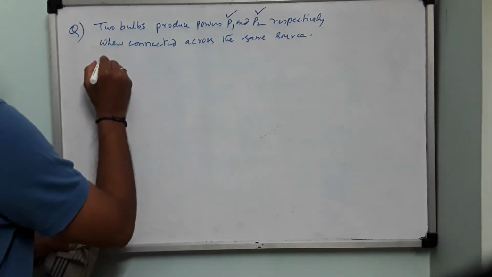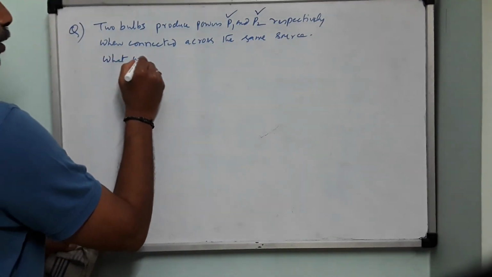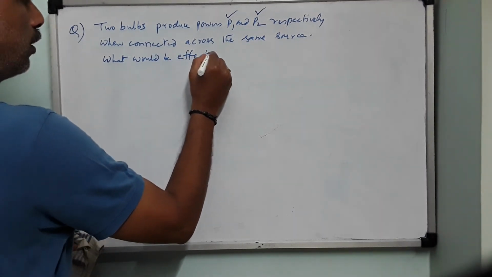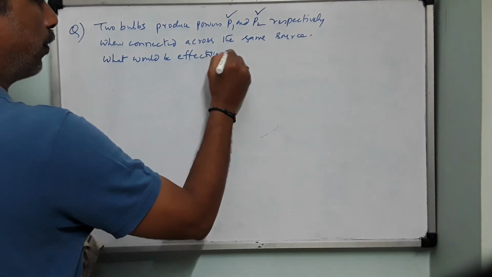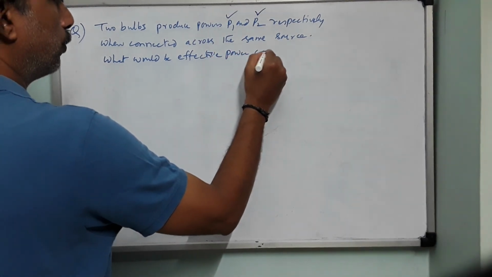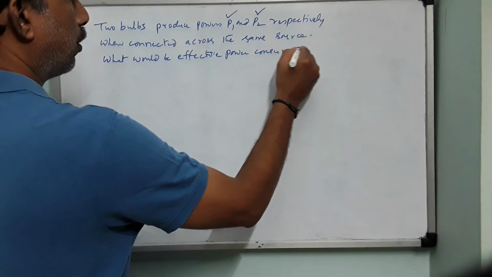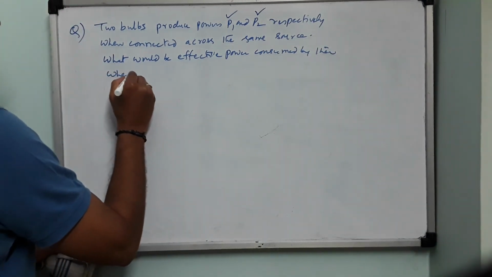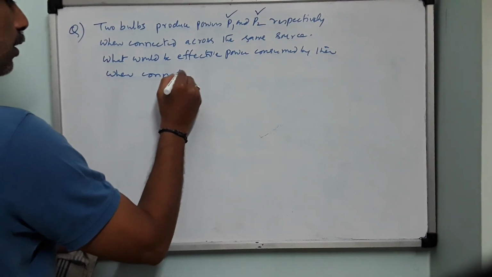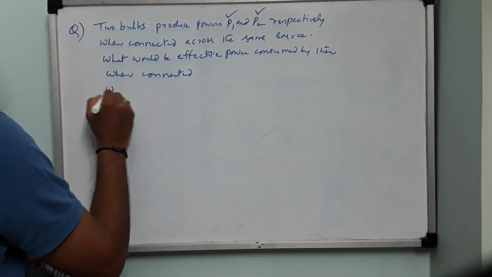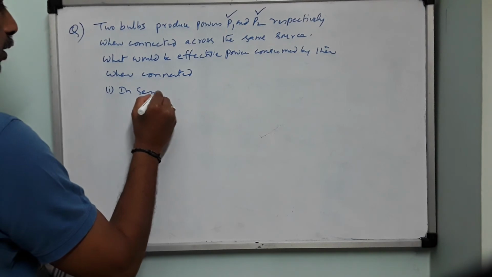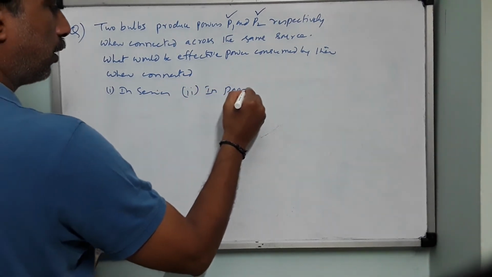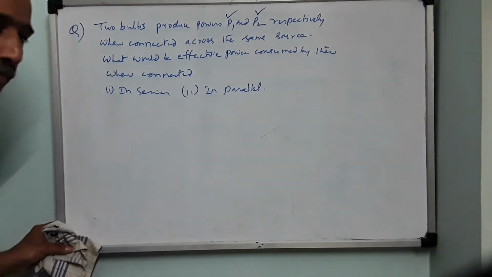Now what would be the effective power consumed or produced by them when connected, number 1 in series, number 2 in parallel.